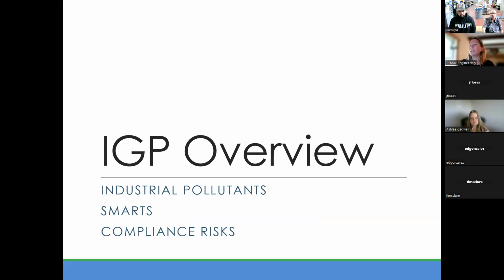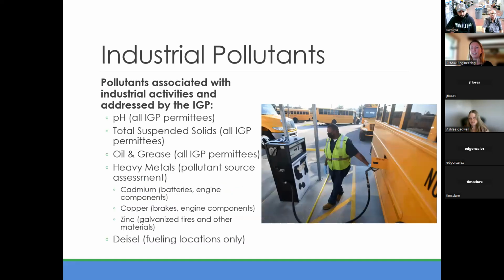Okay, so we'll get quickly into the Industrial General Permit overview. We'll discuss the industrial based pollutants, go into some SMARTS tutorials, and discuss compliance risks. First of all, industrial pollutants are pollutants that have been identified and listed in the Industrial General Permit and are supposed to be addressed by the Industrial General Permit actions.